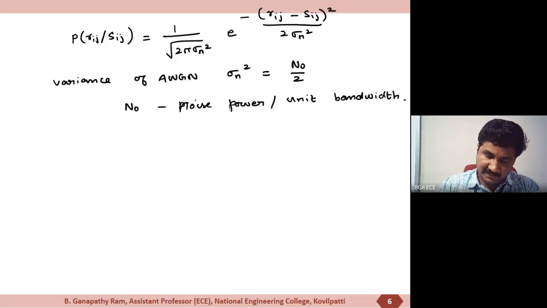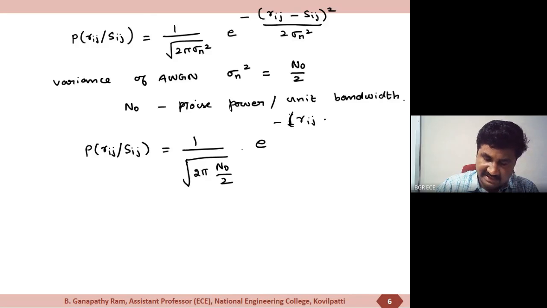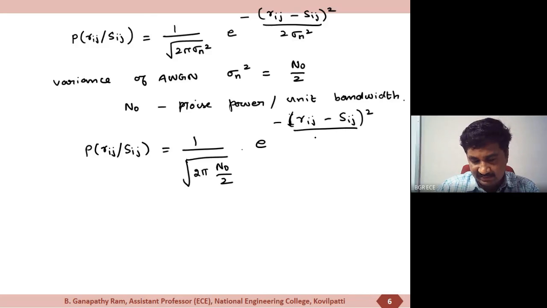So P of Rij given Sij can be written as 1 divided by square root of 2 pi N naught by 2, multiplied by e to the power of minus Rij minus Sij the whole square over 2 sigma n square.